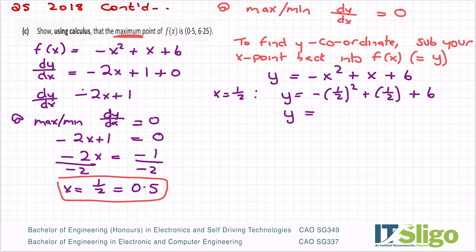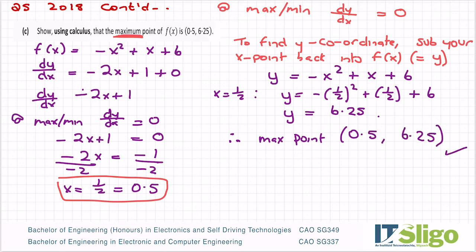And you get 25 over 4, which is indeed equal to 6.25. Therefore, max point is x, sorry, I'll write it in decimal, 0.5 comma 6.25. Okay, so that's it proven.